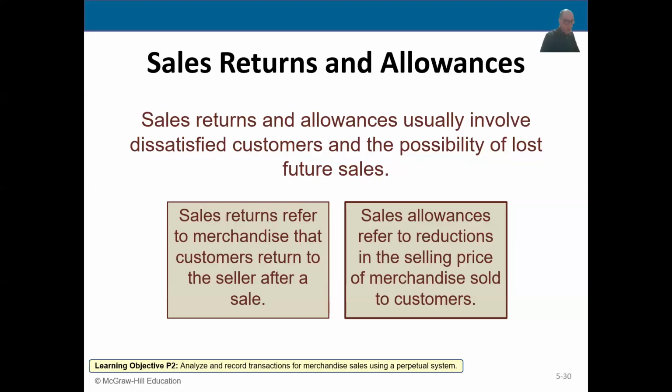We could either offer the customer a discount after the fact and take that off of the amount that they owe us if it's accounts receivable. That's called sales allowance. Or the customer can return it to us, called a sales return. Either of those options are possible.